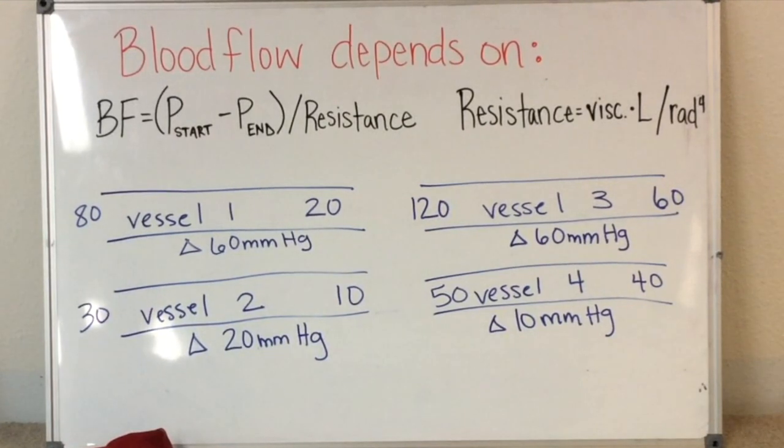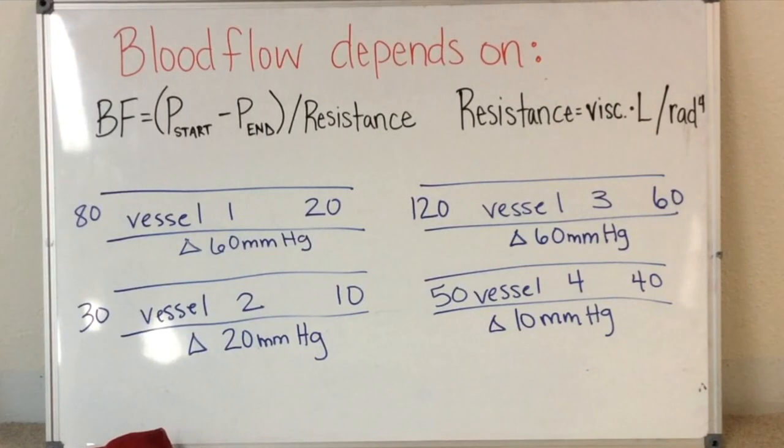Another small but vital detail is remembering that it's not the absolute starting pressure that we're concerned about. We're concerned about the overall change. So as you can see, vessel 1 starts out at 80 millimeters of mercury and ends at 20, which has a total change of 60 millimeters of mercury.